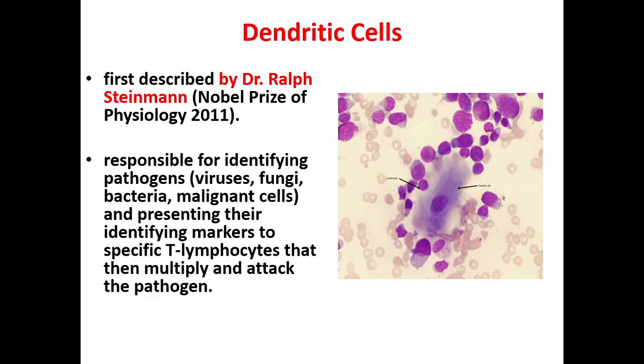The dendritic cells were first described by Dr. Ralph Steinman. These are responsible for identifying pathogens such as viruses, fungi, bacteria, malignant cells, and they also function to present the cells or these foreign substances with their markers to specific T lymphocytes that will trigger the T lymphocytes to multiply and attack the pathogen.